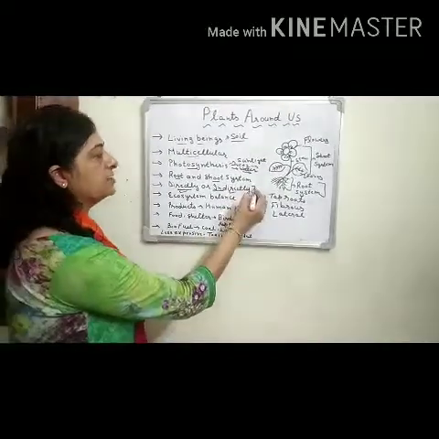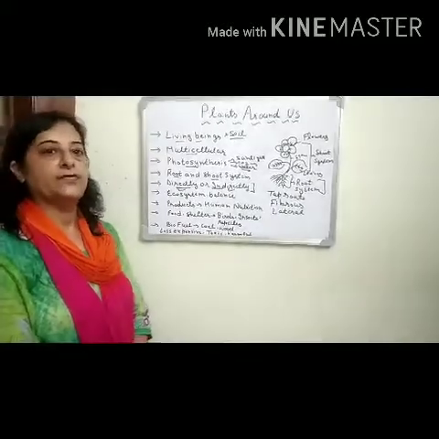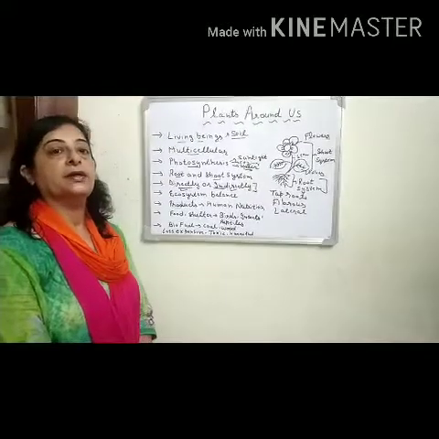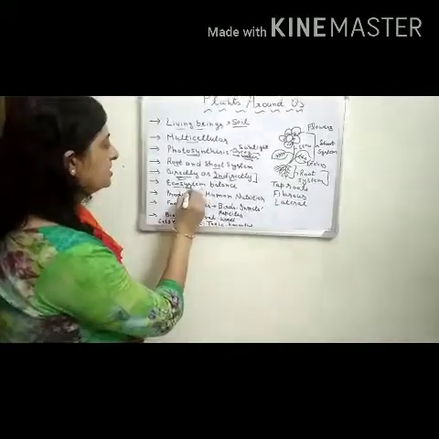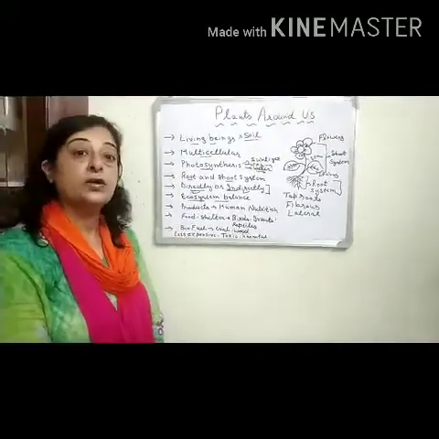So plants give us a number of products which are needed by every living being. They provide us food, shelter, medicines as well as fuels. It is a must for maintaining the balance in the ecosystem.